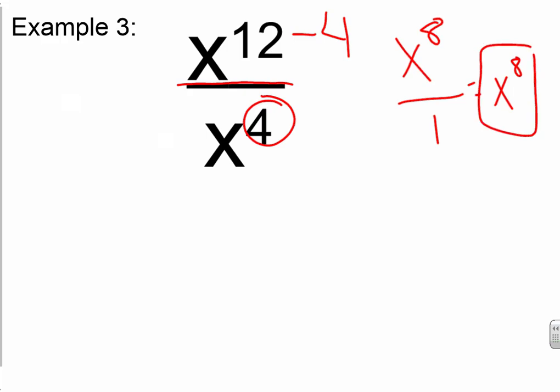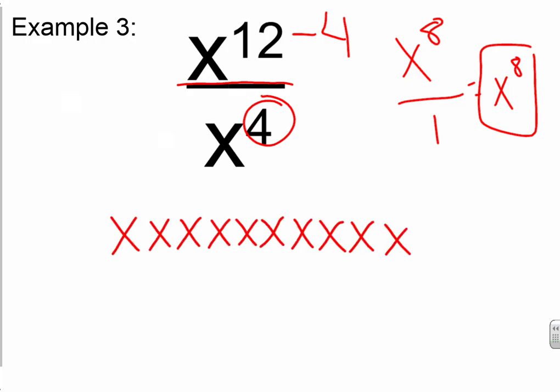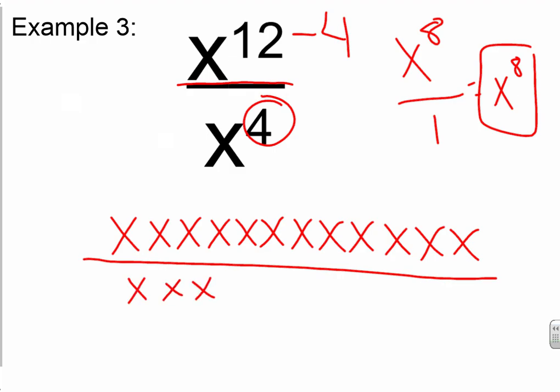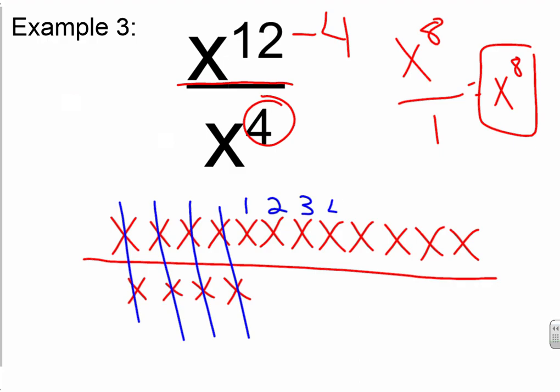Where this comes from is that if I had x to the 12th on top, and I also had x to the 4th on bottom, well, whatever's on top is on bottom, I can cancel. So each of those x's on bottom cancels with an x on top. And then I count. 1, 2, 3, 4, 5, 6, 7, 8. So because I have 8 x's left over, it's x to the 8th power.